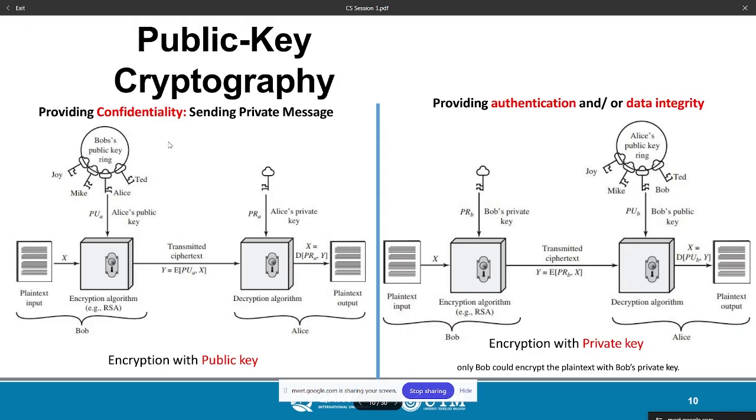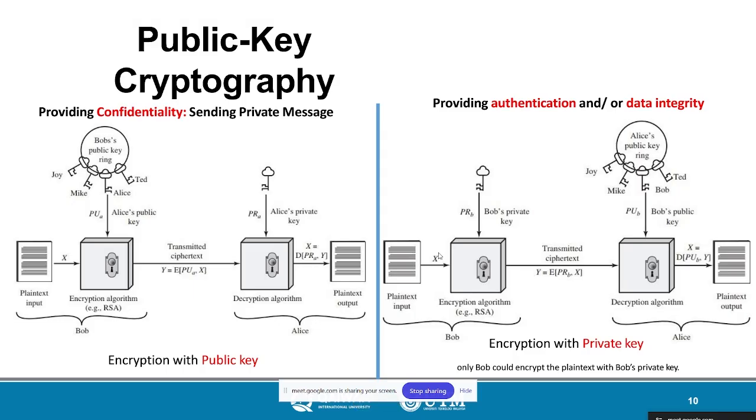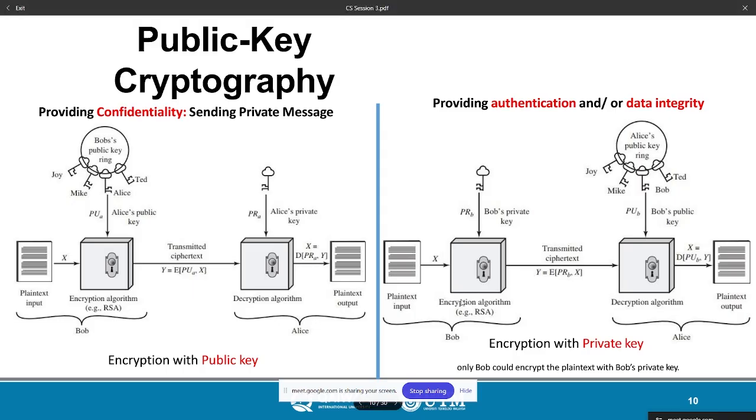Now we have another mode, which is providing authentication. It was the example that I talked to you about. Now, Mr. Bowen wants to send a message to anyone. In this case, you will encrypt it using your own private key, and you will send it to me, to your friends, to anyone.